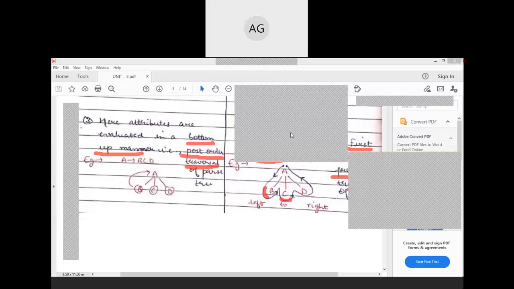Gunjan, Harshita, Kiran, Parshit Kothari, are you getting it or not? Just write in the chat box. Okay. So moving to the next topic.